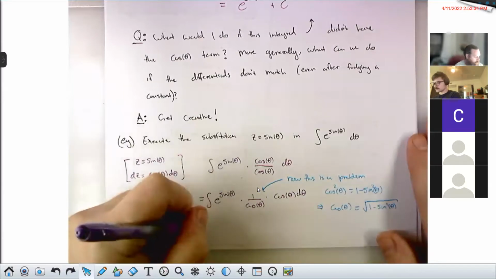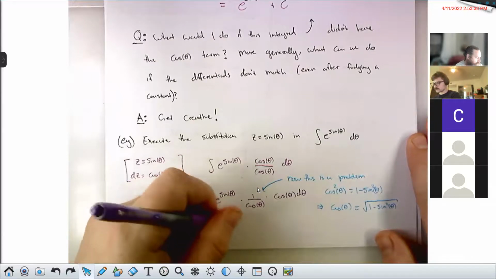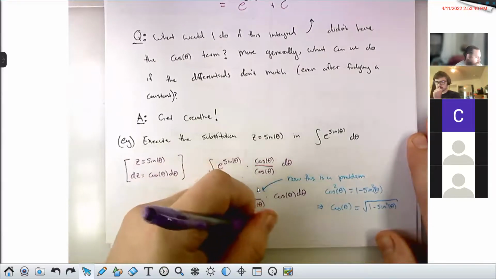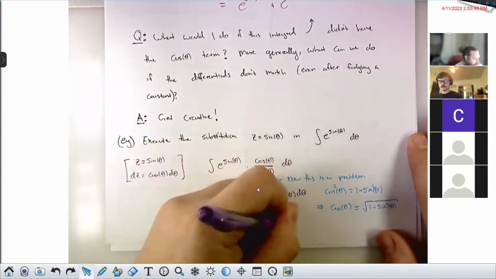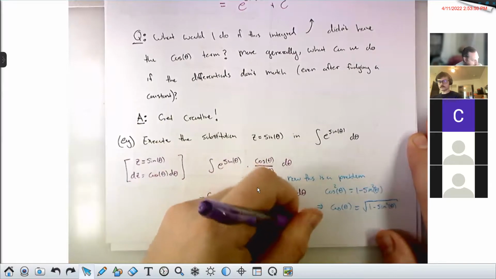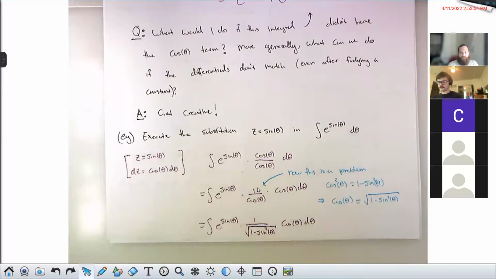So I could rewrite my integral as e to the sine theta times 1 over the square root of 1 minus sine squared theta times cos theta d theta. And now I can make the substitution go.